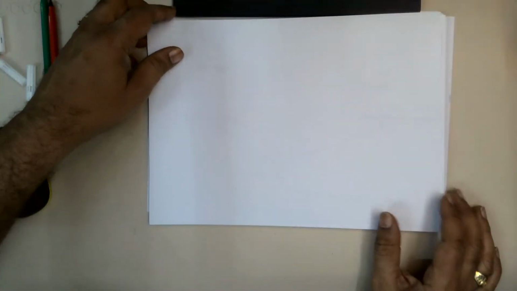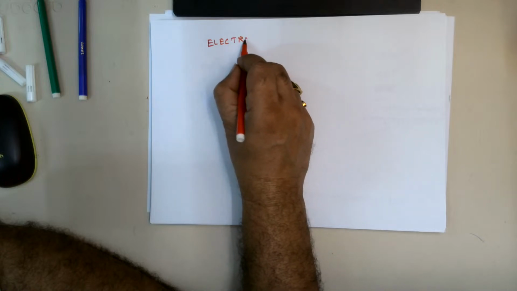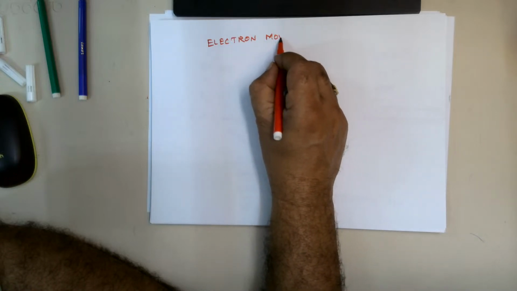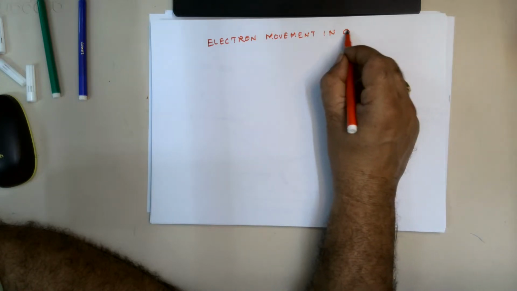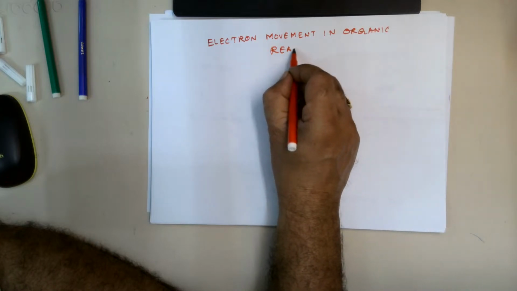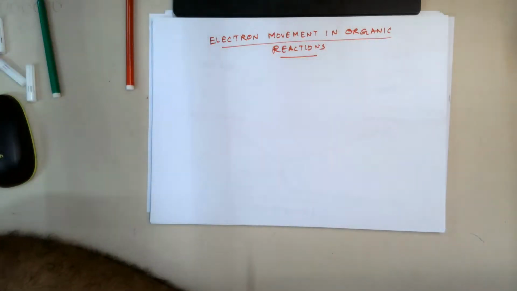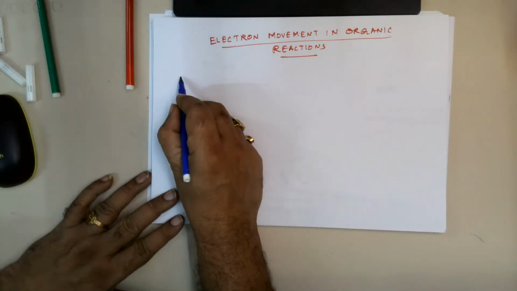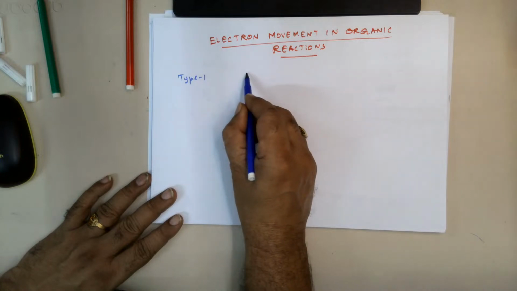How we can represent the electron movement in organic reactions. There are three types.